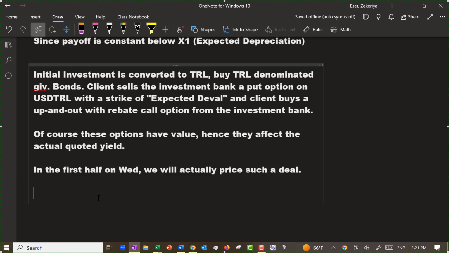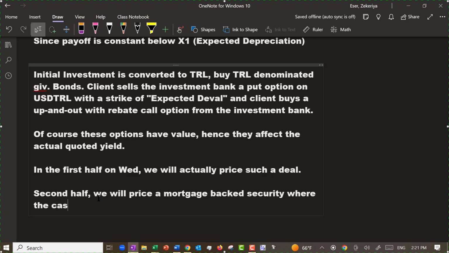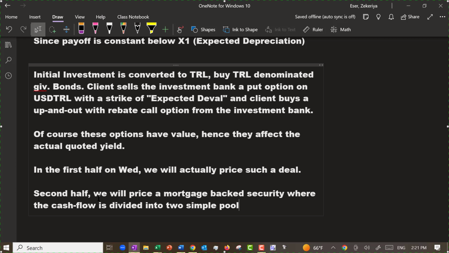In the second half, we will price a mortgage-backed security where the cash flow is divided into two simple pools, interest only, IO, and principal only, PO.